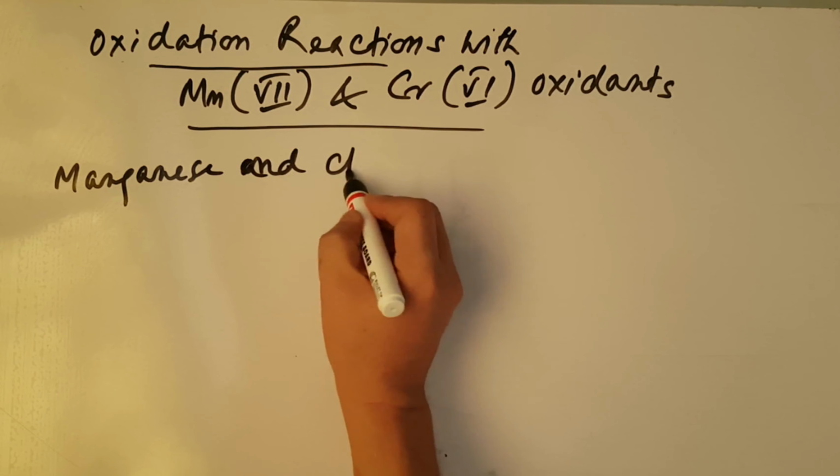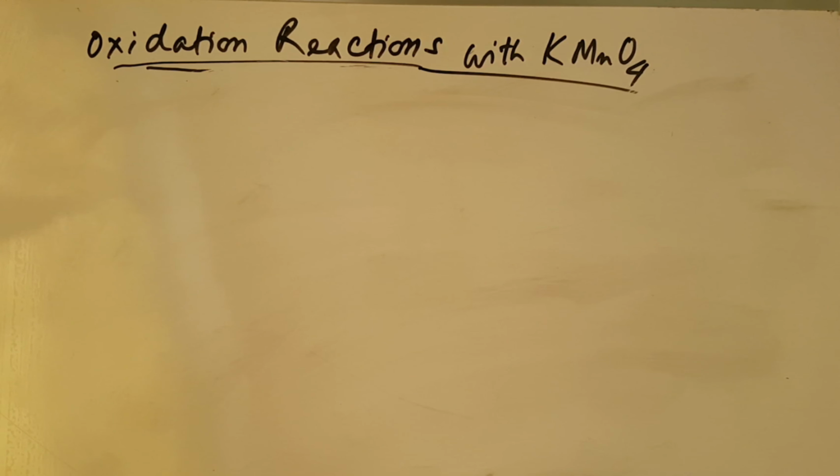Potassium permanganate, KMnO4, is a good oxidizing agent, but its reactivity depends on the medium or solution we use.